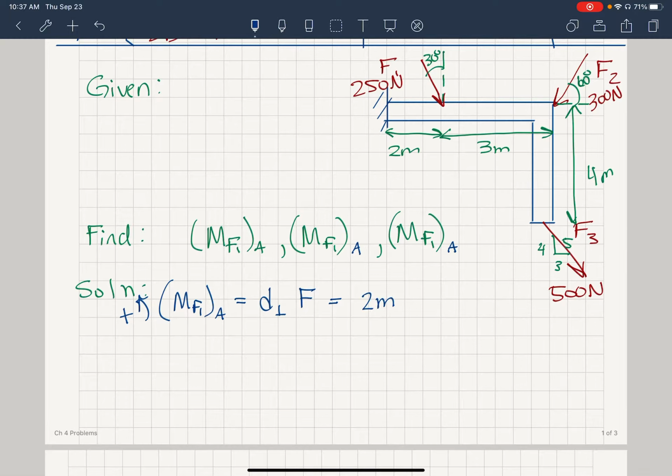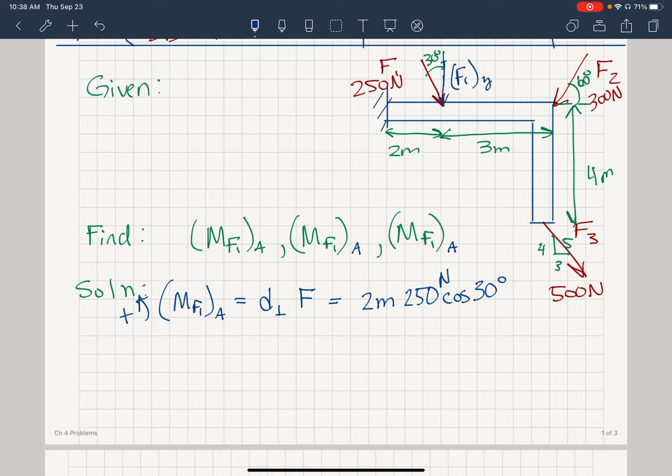And then we just want that perpendicular component of that force. So that would be times 250 cosine of 30 degrees. So we're just picking up that perpendicular component, F1 y. And that's newtons there, so you get Newton meters.